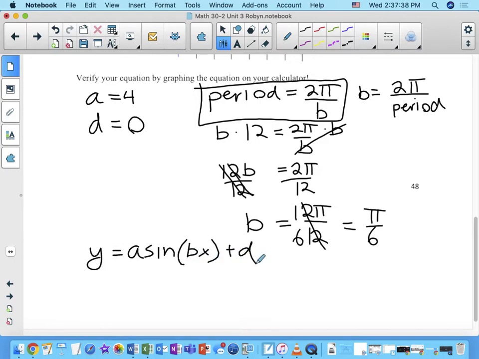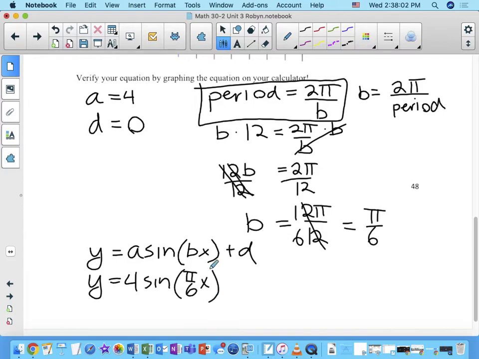We know that a is 4, b is pi over 6, and d is 0, so you can just leave that out. If you want to put in plus 0, that's fine, but you don't have to. Any questions with that so far?